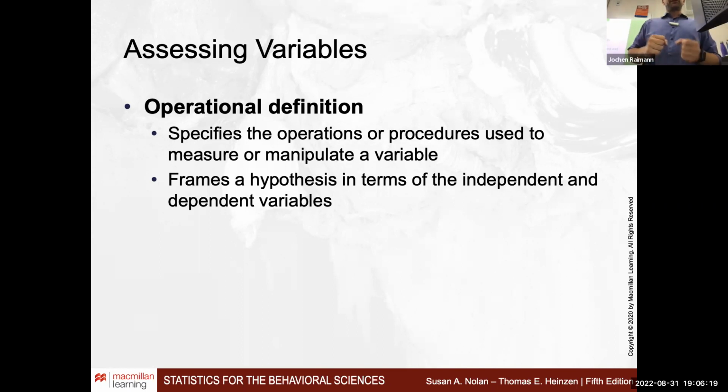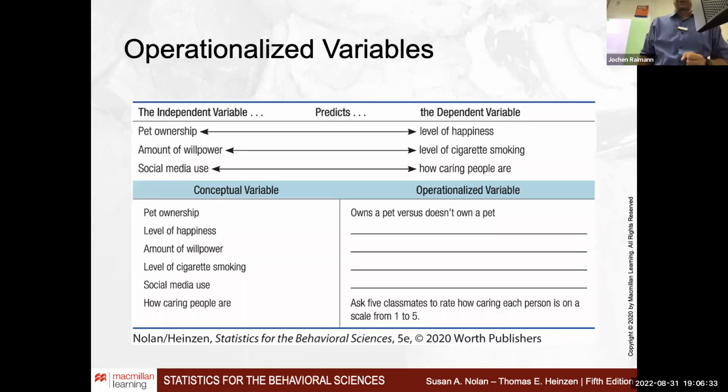So you use this to develop a framework between these three different variables, dependent, independent, confounders, to test your hypothesis. This is the operational definition and the operationalization of variables.